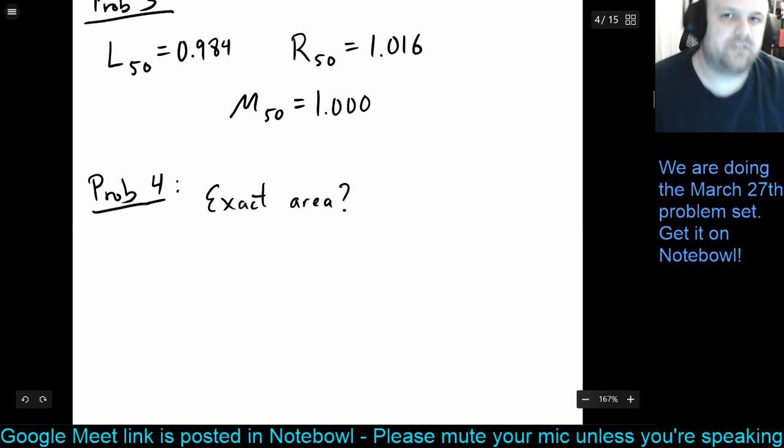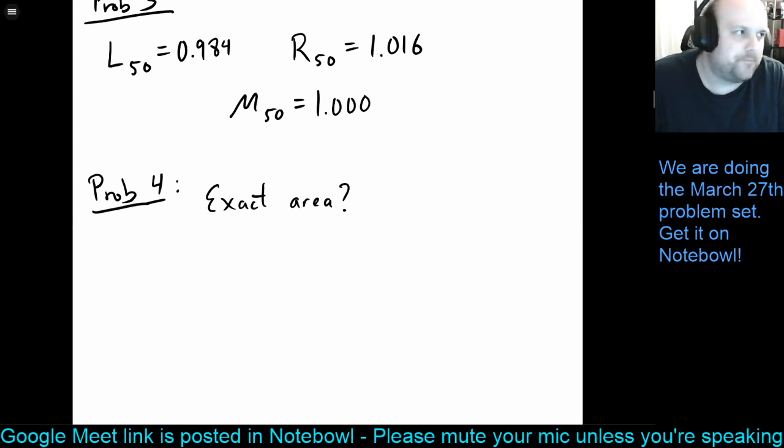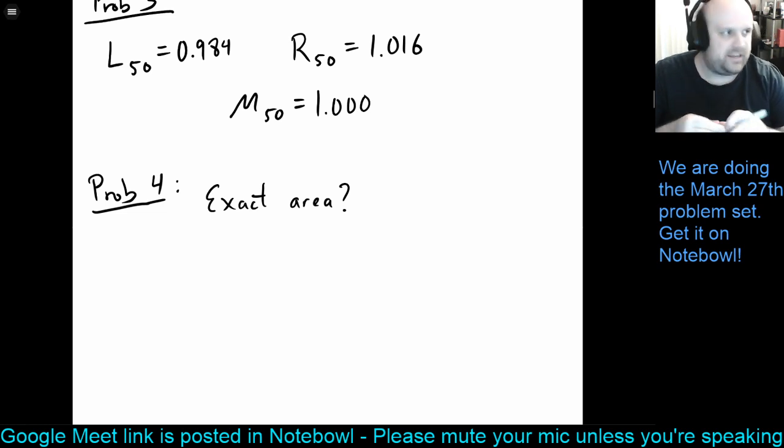How do you think we could compute such a thing? Well, we can see that by increasing the number of rectangles we use, we're going to get better and better estimates, right?